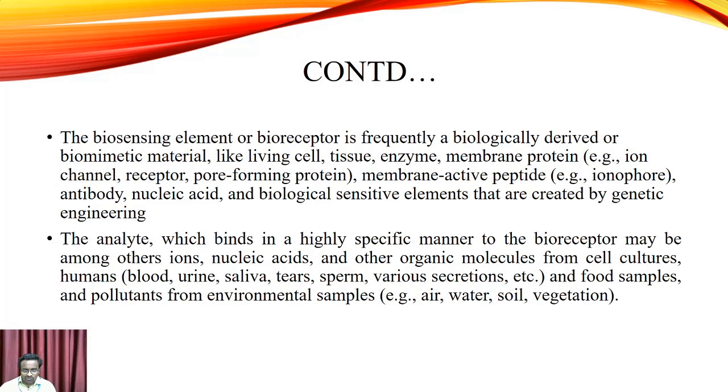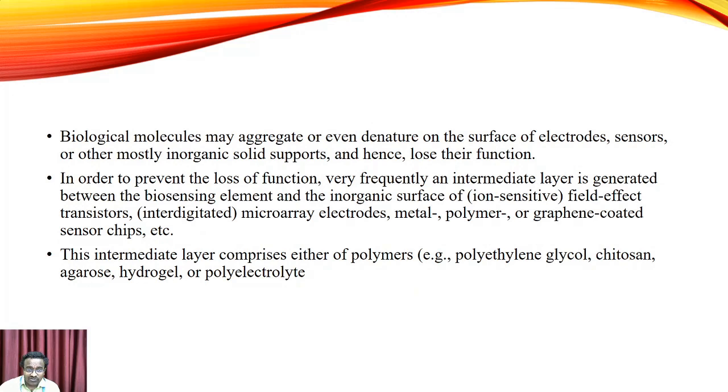Antibodies are usually used, and the samples used as the bioreceptors include blood, urine, saliva, tears, and various secretions. We can also check the biosensing ability of food samples as well as environmental samples.